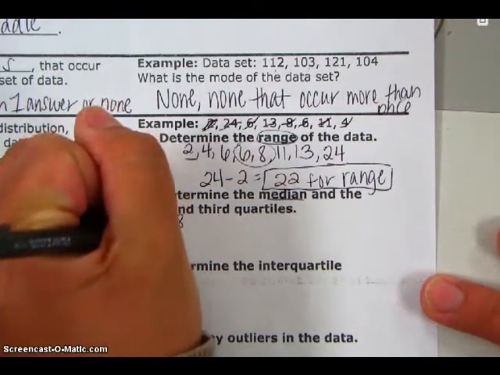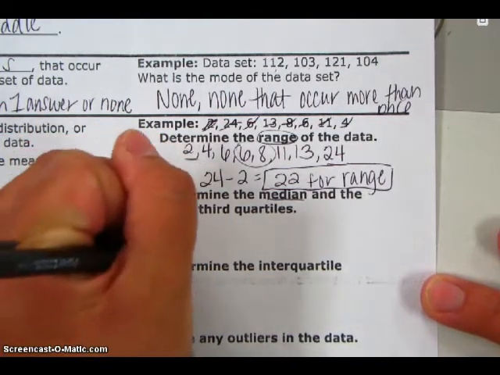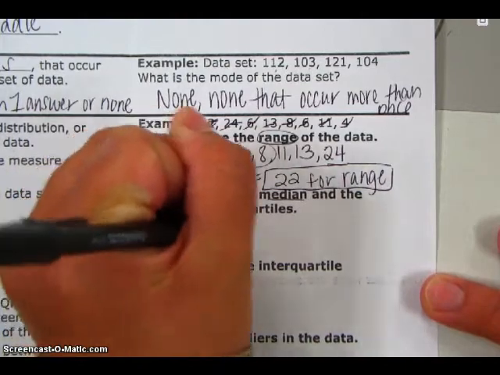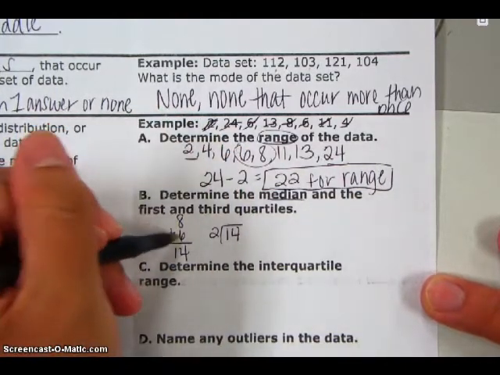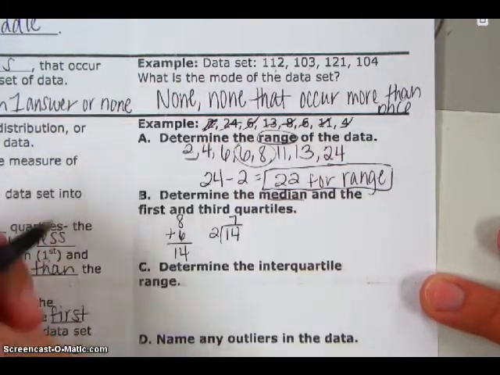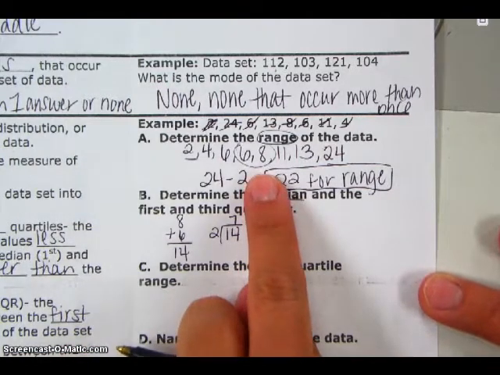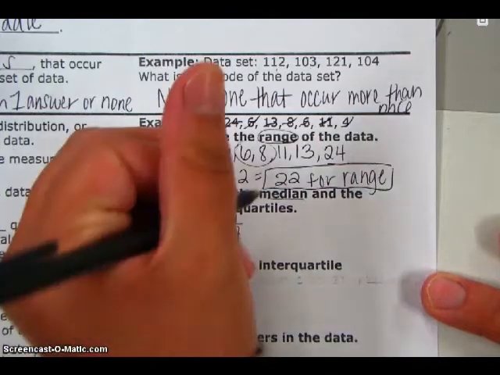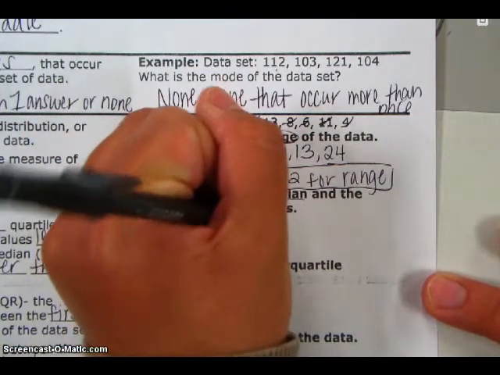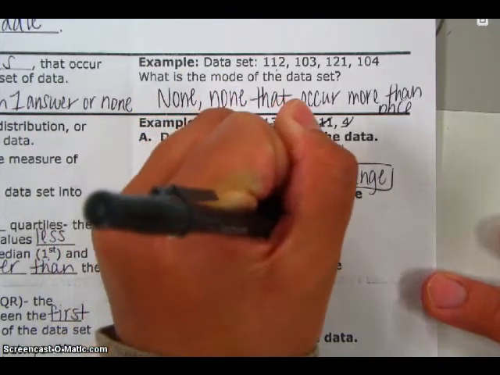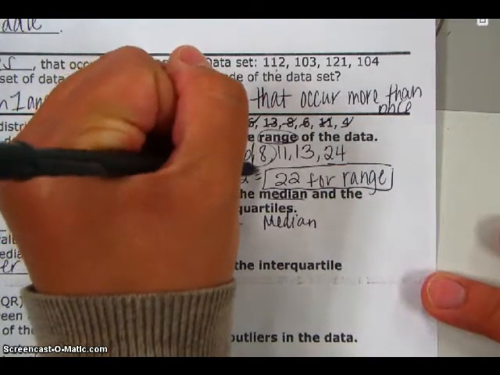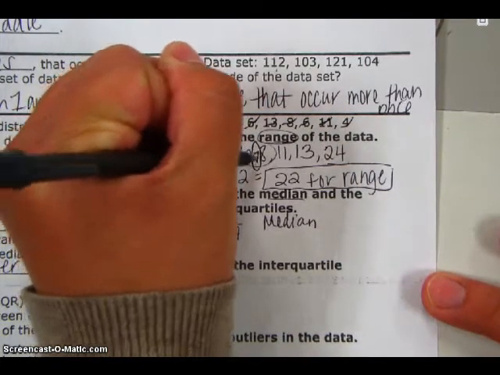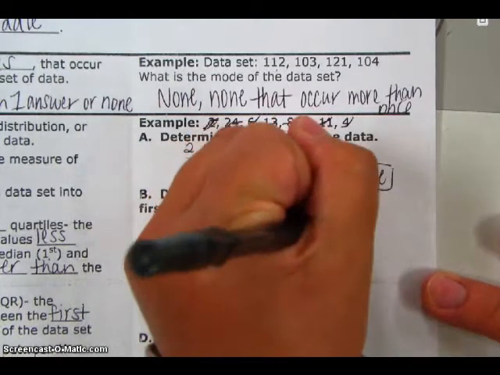So I add 8 plus 6 and get 14, and then I divide that 14 by 2 because that's how many numbers I added together, and I get 7. Remember that when you have 2 numbers for your median, you have to find the mean or the average of them, and the average of them is 7. So my median, the middle point of this data, is actually 7, and I'm going to write that in there. So the median equals 7.